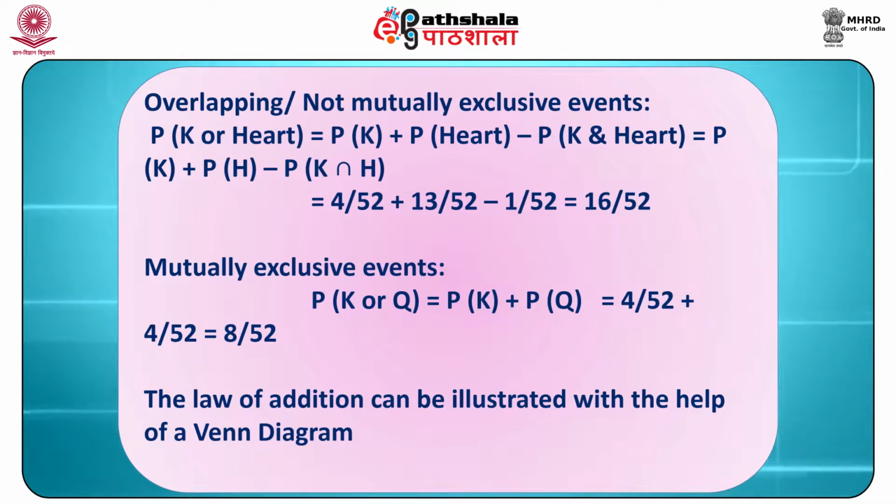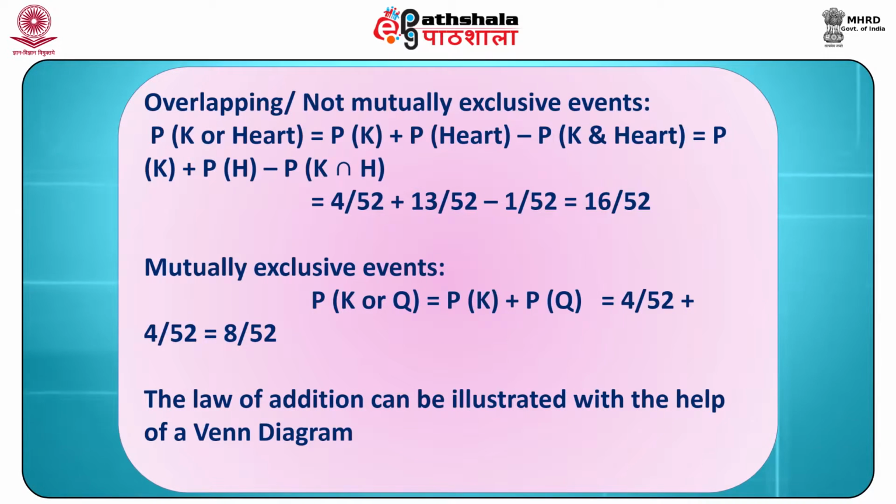Examples. Probability of K or heart is equal to probability of K plus probability of heart minus probability of K and heart, which is equal to P(K) plus P(H) minus P(K intersection H), where H is heart, which is equal to 4 divided by 52 plus 13 divided by 52 minus 1 divided by 52, which is equal to 16 divided by 52.